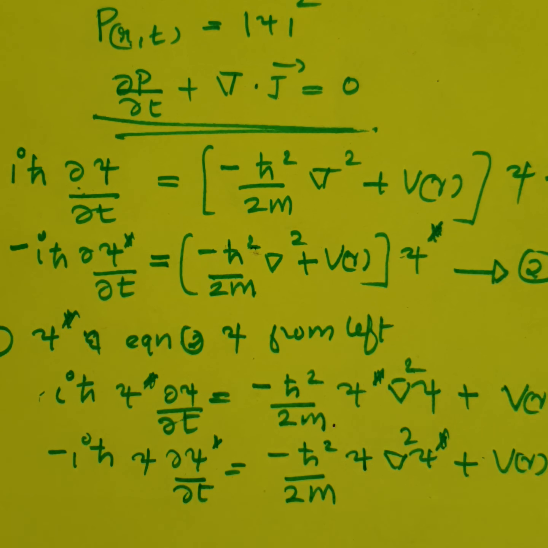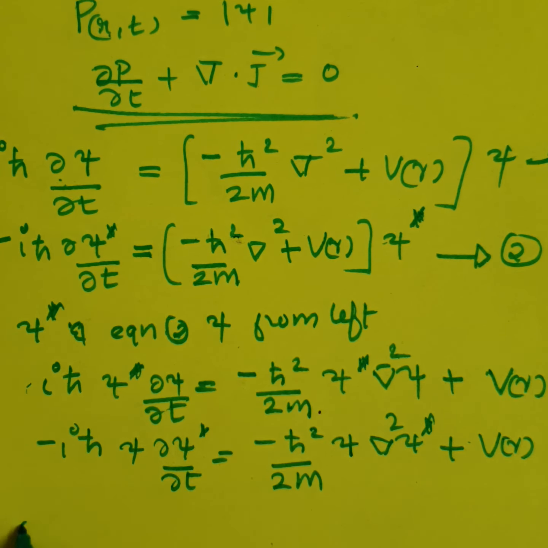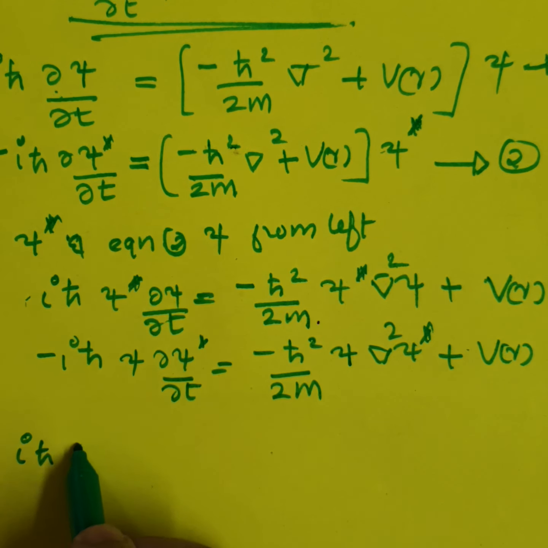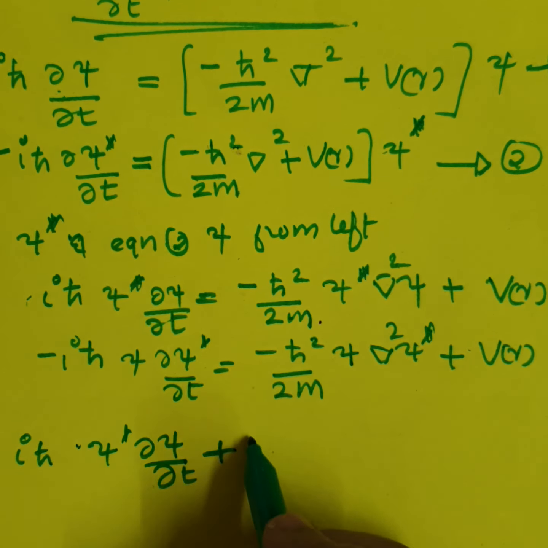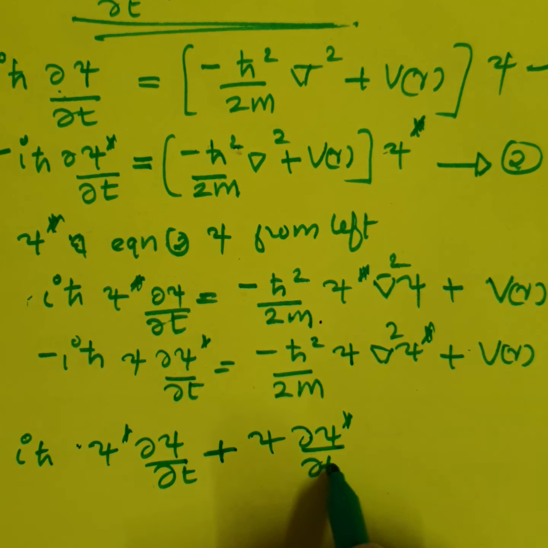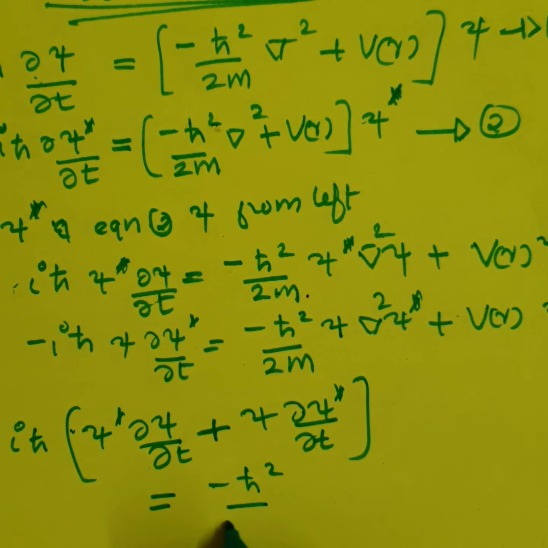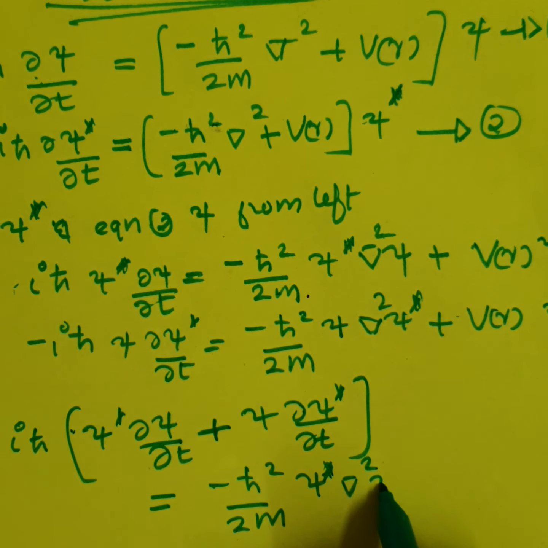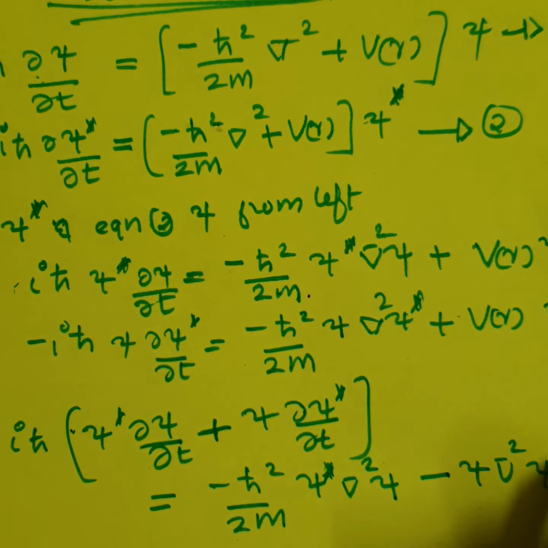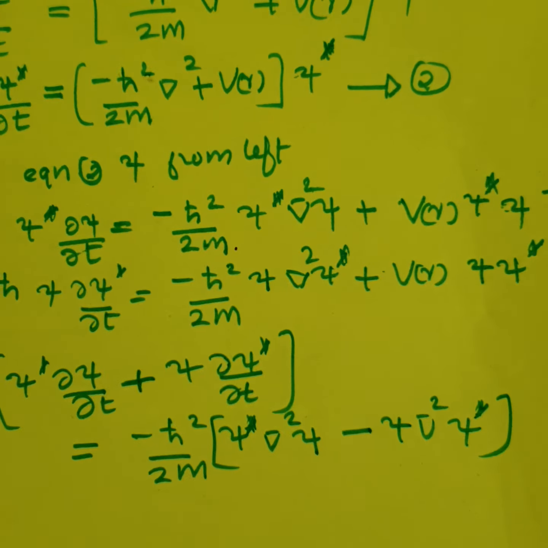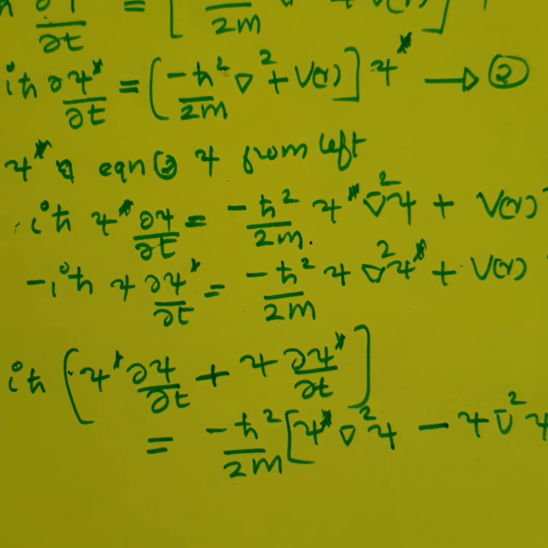Then we get iħ ψ* ∂ψ/∂t minus minus ψ ∂ψ*/∂t equals minus ħ²/2m ψ* ∇²ψ minus ψ ∇²ψ*. The potential energy components cancel each other. This is what we get from equation 3 minus equation 4.